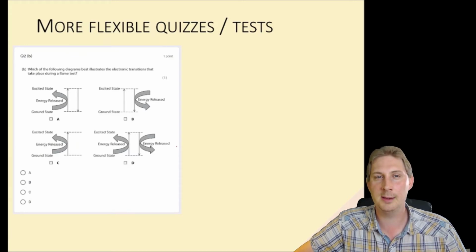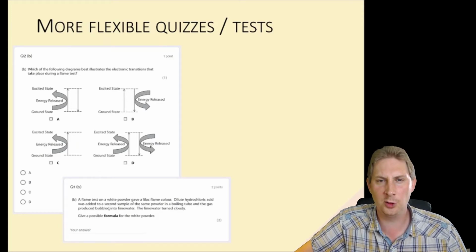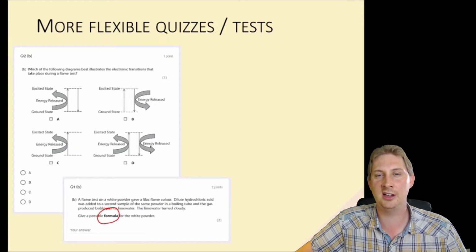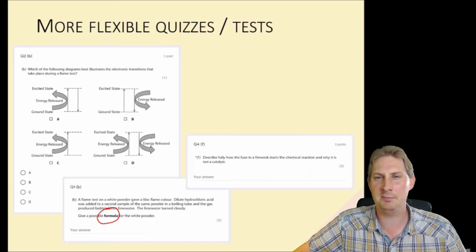So students are able to choose from the correct diagram, A, B, C or D in a multiple choice question. You can have short answer questions like this one, give the possible formula, where there's a particular right answer but it's open so the students have to give that. You can have much longer answer questions, so a 3-marker: describe how the fuse in a firework starts the chemical reaction.